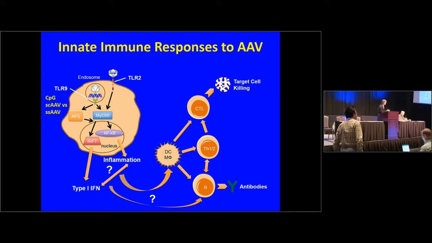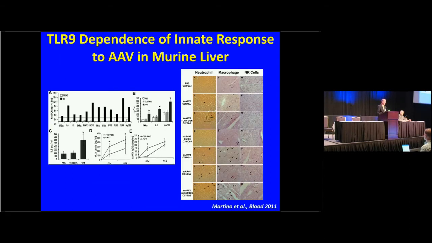It's been shown that the signaling through TLR9 will be influenced by the genome configuration, whether it's single-stranded AAV or self-complementary, and also by the CpG content of the viral genome. And then the question arises what results from this early innate immune recognition and which kinds of downstream responses may be impacted by it.